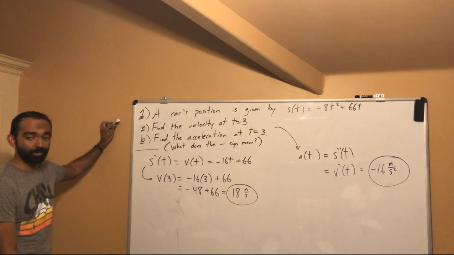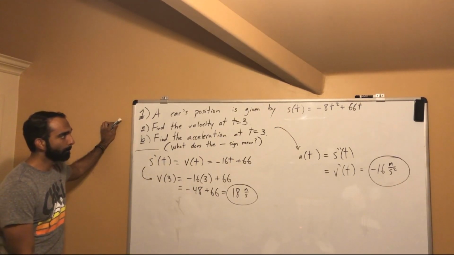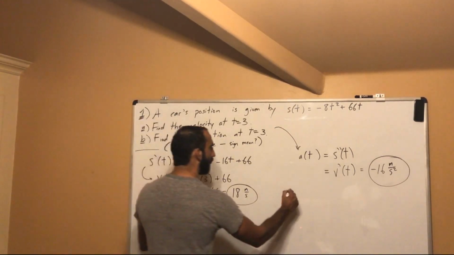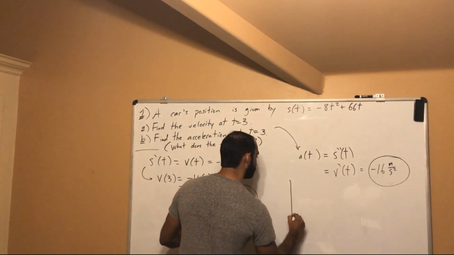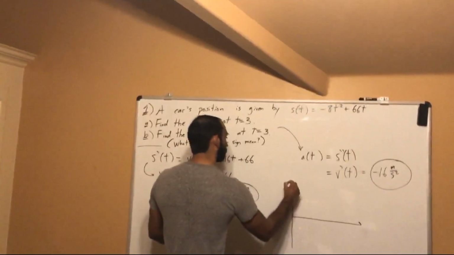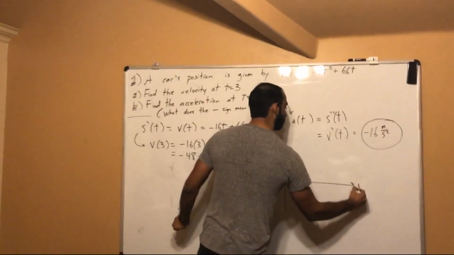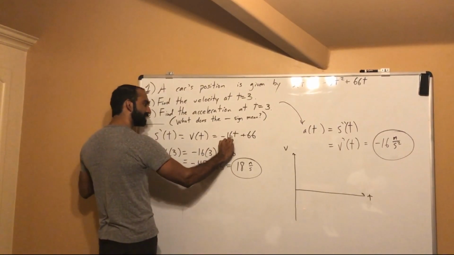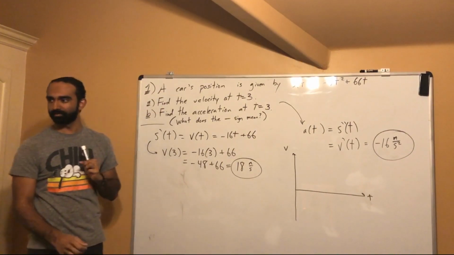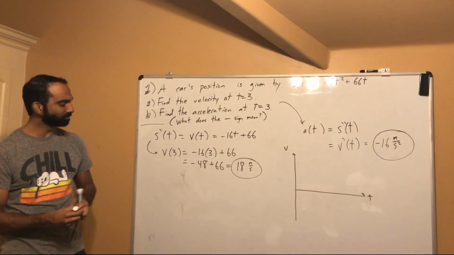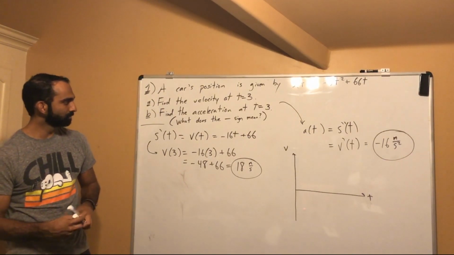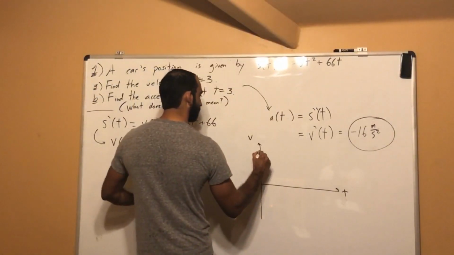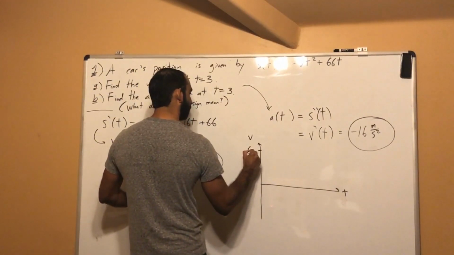It doesn't have to be going in the opposite direction. So let's look at the graph of velocity for this problem. What is this graph going to look like? Negative 16t plus 66. Okay, so the y-intercept will be at 66, and then it will have a downward slope of 16.